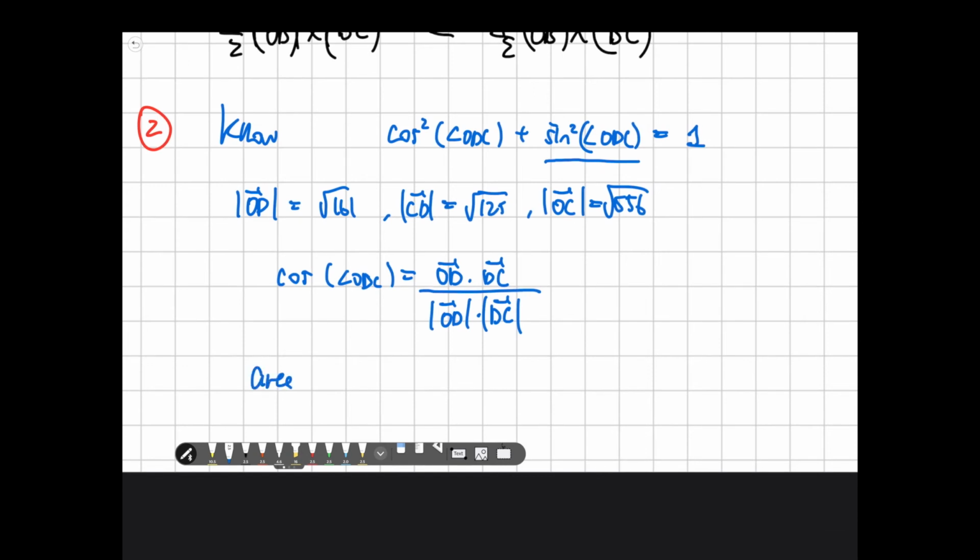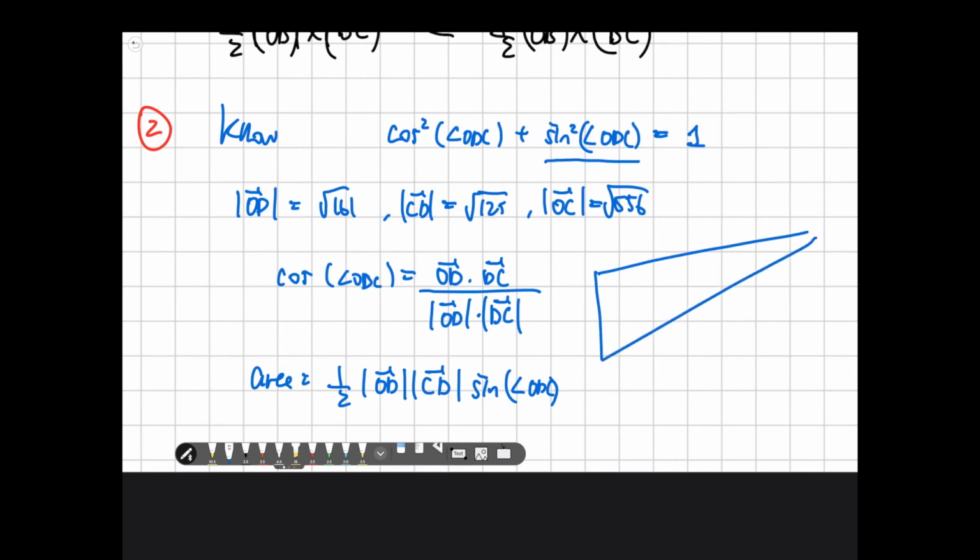And then we know the area is just half OD times CD times sine angle ODC. So what I'm finding is that we have the triangle, right? So that is D, that is C, that is O. So I want to find this area.